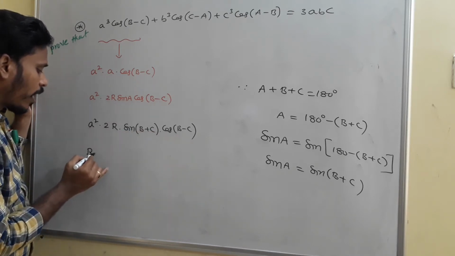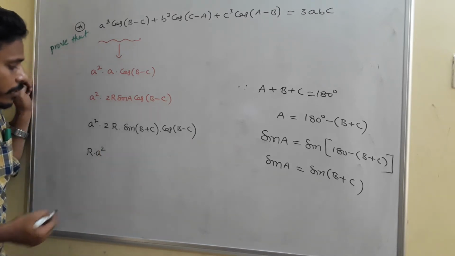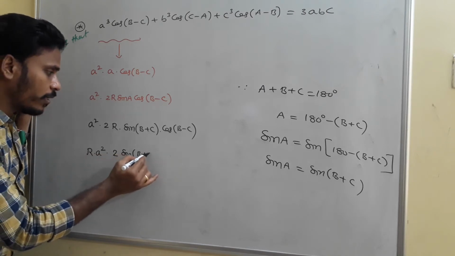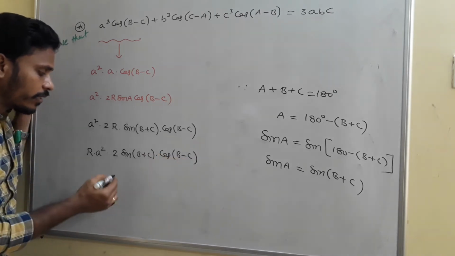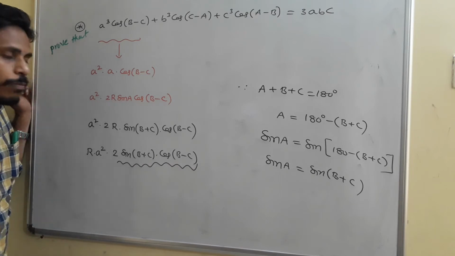You just separate r, and you will get r a square into 2 sin(b plus c) into cos(b minus c).